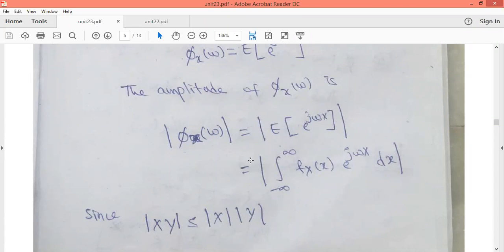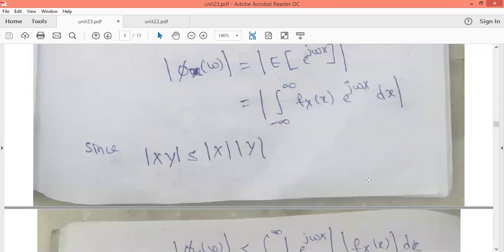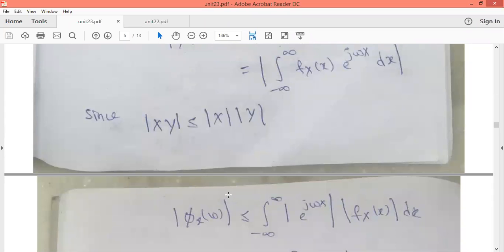Now we apply the modulus to the terms inside this integral. The value we get will be less than or equal to the integral from minus infinity to plus infinity of mod e power j omega x times mod fx of x dx.